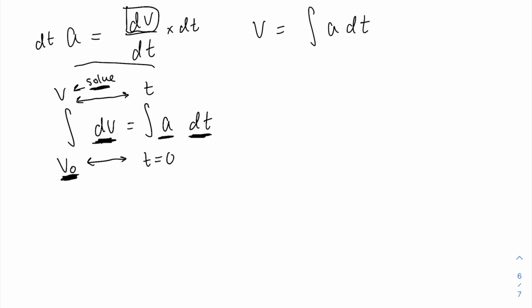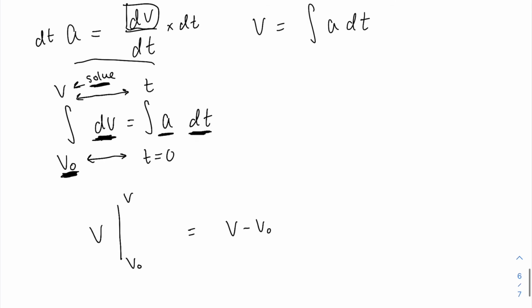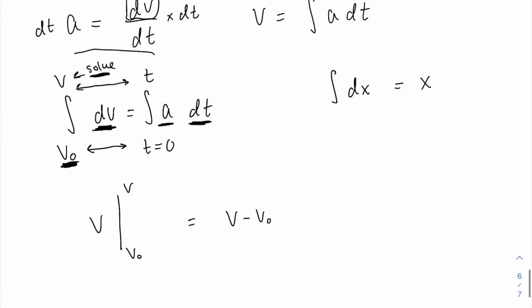The integral of just dv is v, and we're going to evaluate that from v naught up to v, which is just going to give us v minus v naught. So really quick, why is it that the integral of, let's say, dx is just equal to x? Technically, you could think of there being a 1 right here. The integral of a constant is going to give you that constant times the variable.